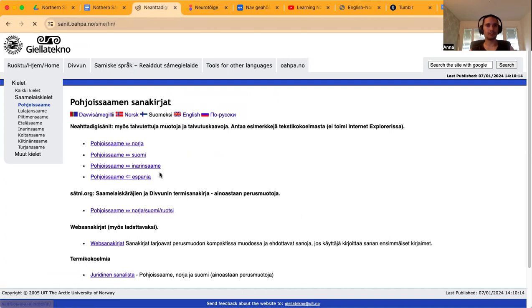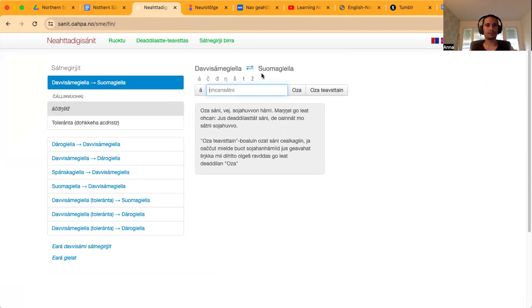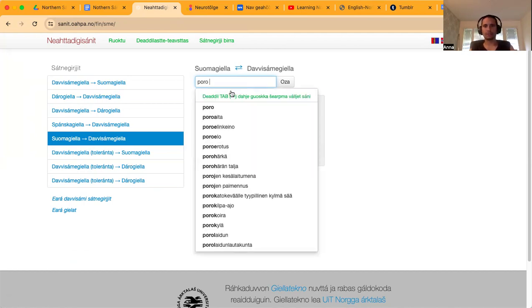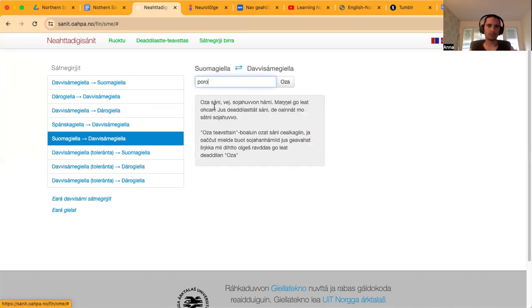This is an online dictionary. So they don't have English here. It's from Finnish, Norwegian, Swedish, or even Spanish to Northern Sámi. So, for example, if I want to know how to say reindeer, I write poro, which is reindeer in Finnish.